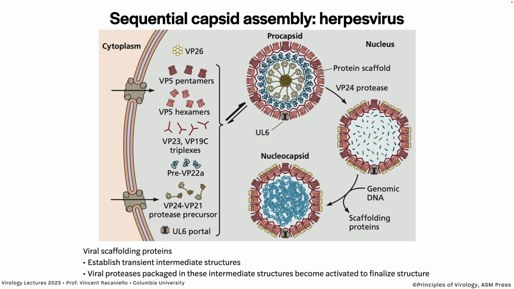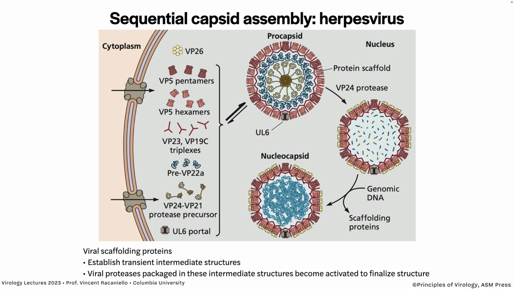And all of these capsid protein components have to be made in the cytosol and imported through the nuclear pore complex. We have a portal down here. We have some protease precursors, as you'll see, and we have hexamers and pentamers that go to make up the capsid. So basically what happens here is that the capsid is assembled in the nucleus without any DNA initially.